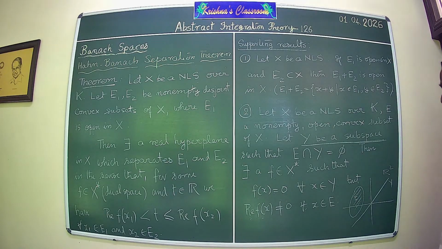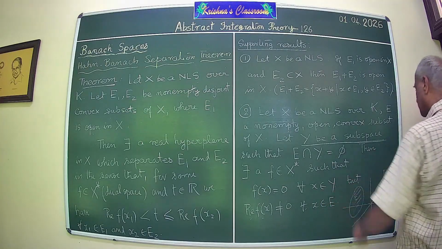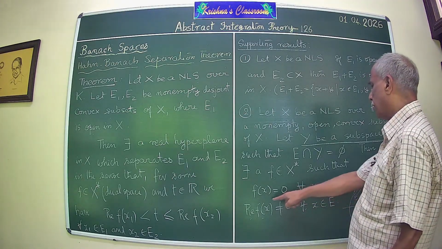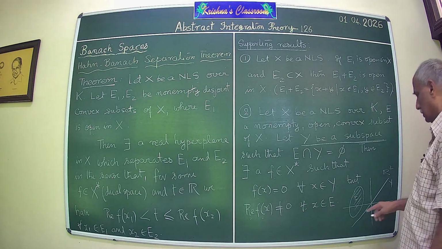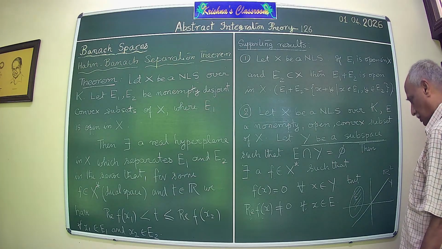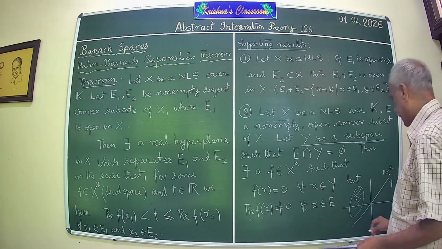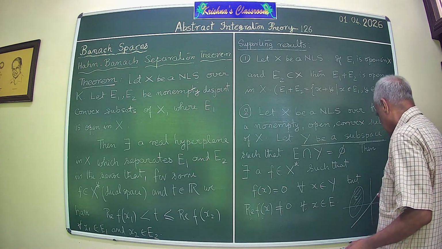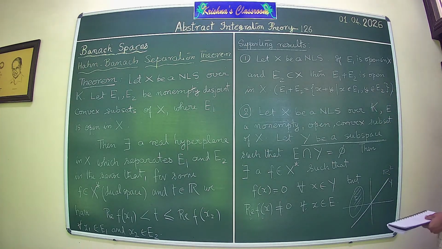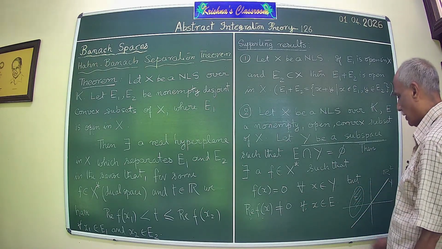Then there exists a linear function F belonging to X star such that Fx equals 0 for every x belonging to Y. Or in other words, the null space of F is contained in Y, but the real part of Fx is not equal to 0 for every x belonging to E.